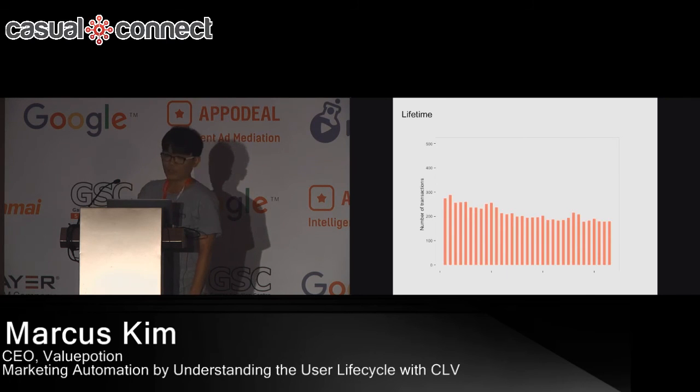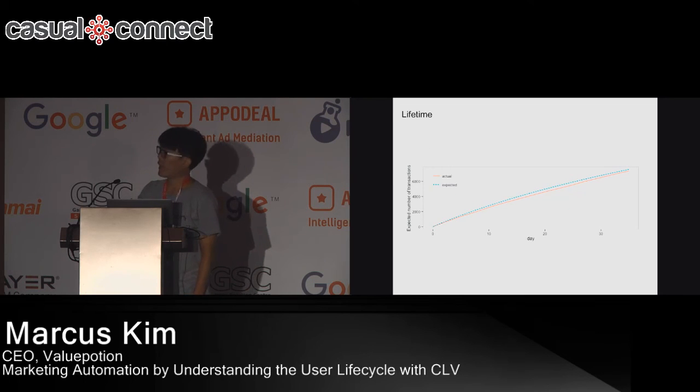The number of active users is decreasing exponentially, and this decreasing rate is considered the churning rate. We applied this churning rate to the activity prediction model, and we could get close to real data, as you can see.